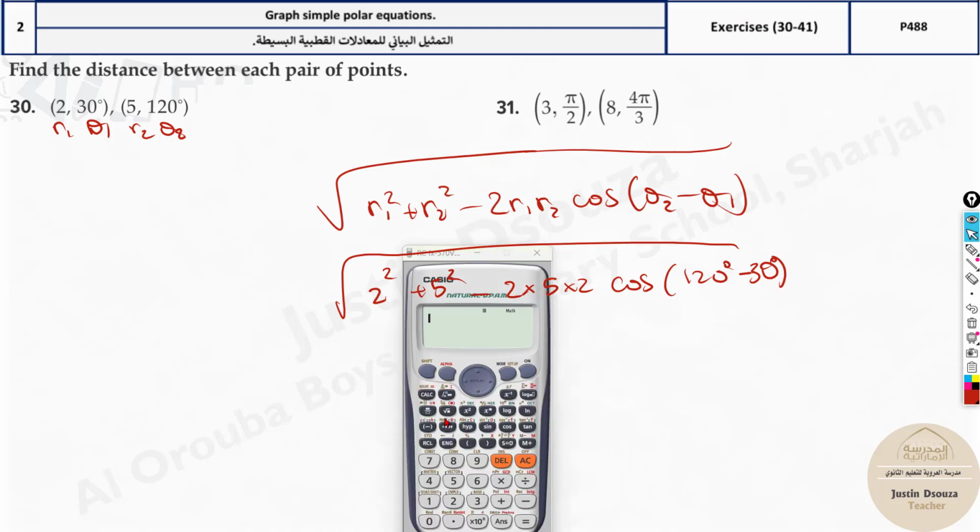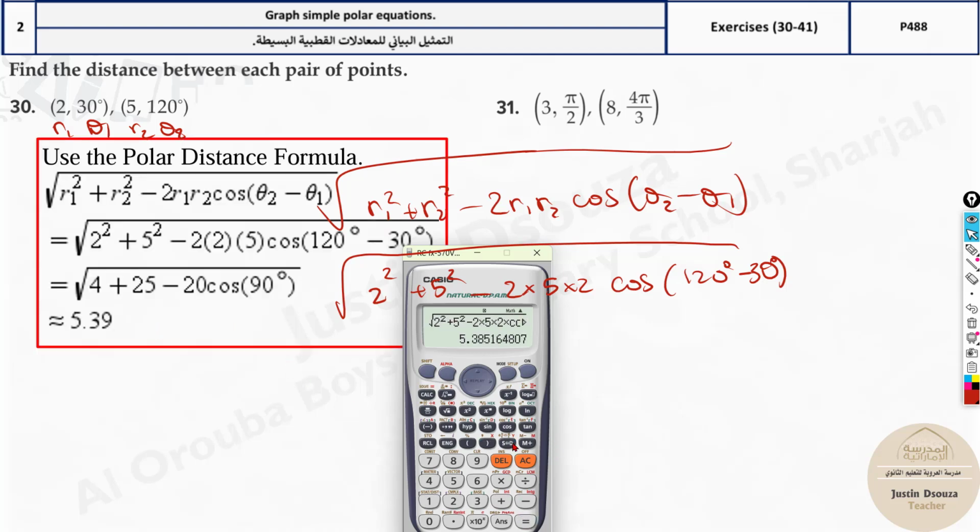It will be square root, 2 squared, plus 5 squared, minus 2 times 5 times 2 times cos. Now, you do not need to put it in radian mode. Keep it in degrees only. The default mode is degree mode because the values are in degrees, right? I'll just put 120 minus 30. Close the bracket. The answer is root of 29, or 5.385, which becomes 5.39. That's it.